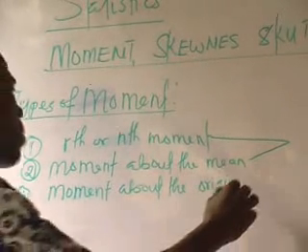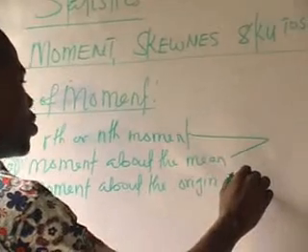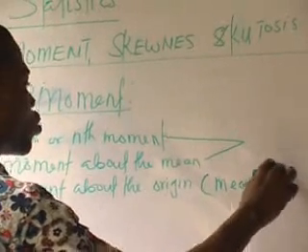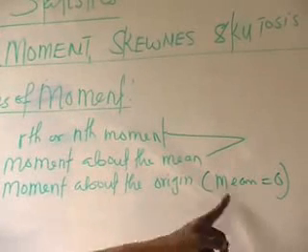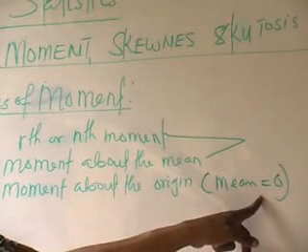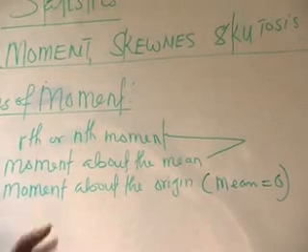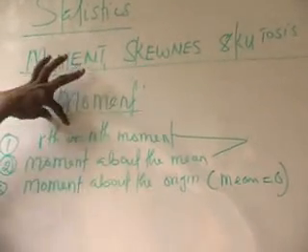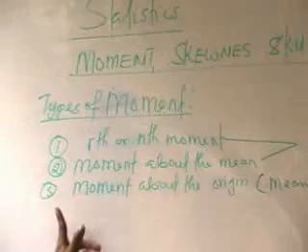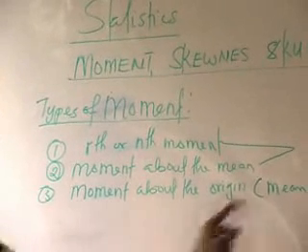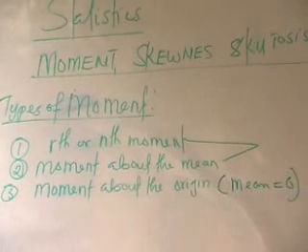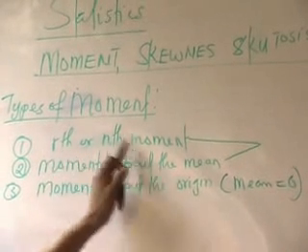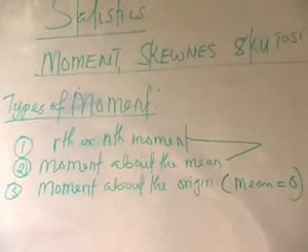Whenever we are talking about moment about the origin, we mean that the mean equals 0. Since the rth or nth moment gives us the same answer as moment about the origin, we are going to concentrate on the rth moment and moment about the mean.